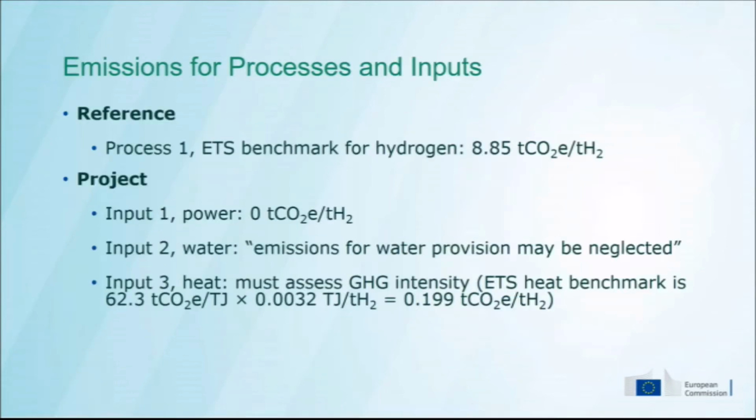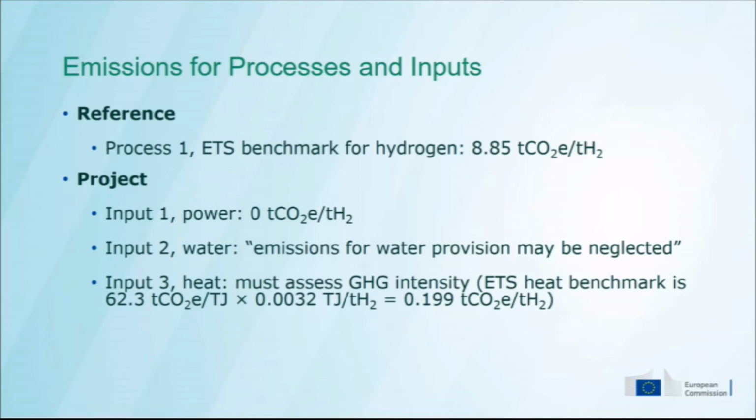So as we said, we're looking at processes and inputs now because they're the things that have changed. So very simply, as a very simple example, the reference for process 1 is the ETS benchmark for hydrogen, which is 8.85 tons of CO2 equivalent per ton of hydrogen. In our project, we've got power coming in, but as we said, we're assuming that in 2050 the emissions of the grid will be zero.